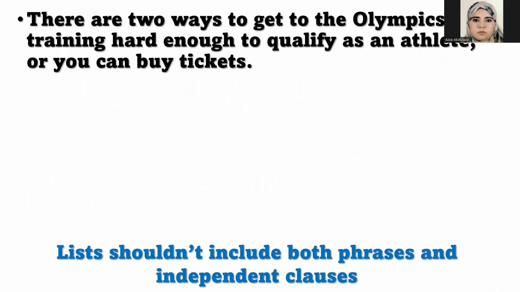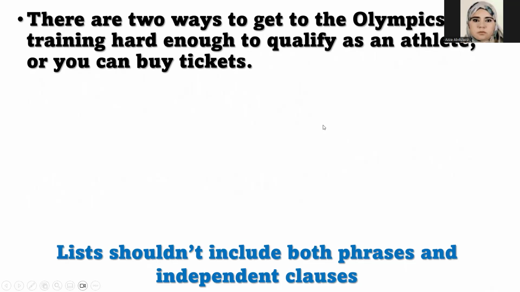So please, you shouldn't include both phrases and independent clauses together. Whether to keep the phrase or whether to keep the independent clause, that's how we can fix this sentence in different ways.